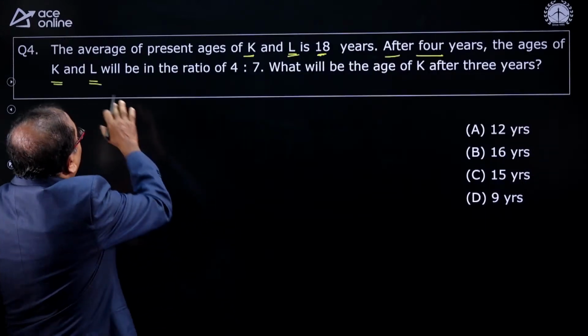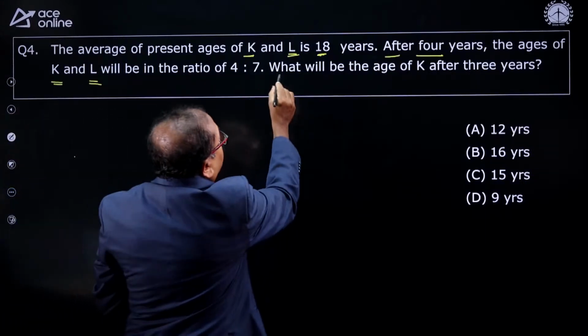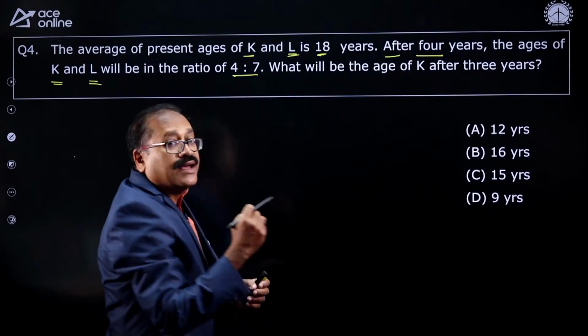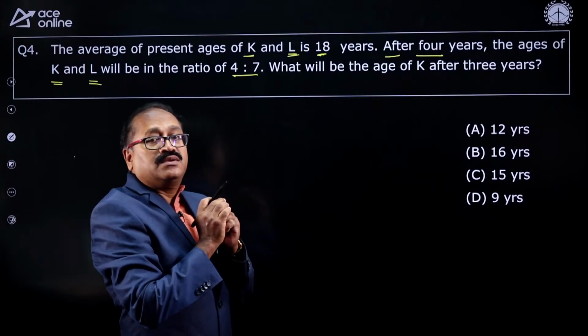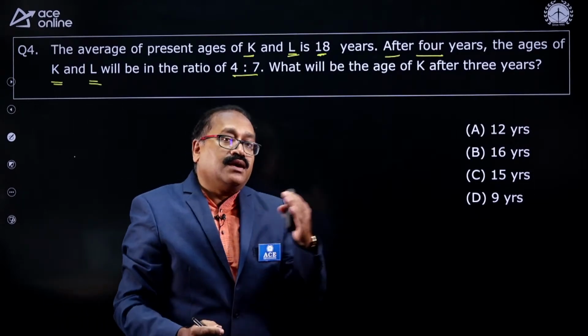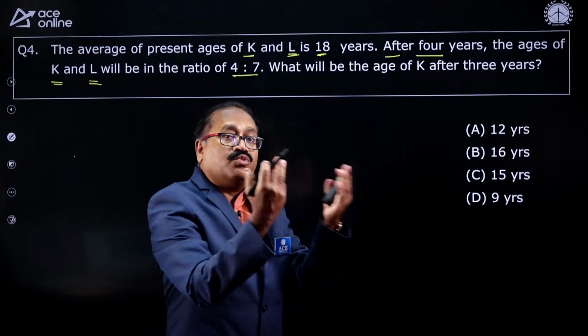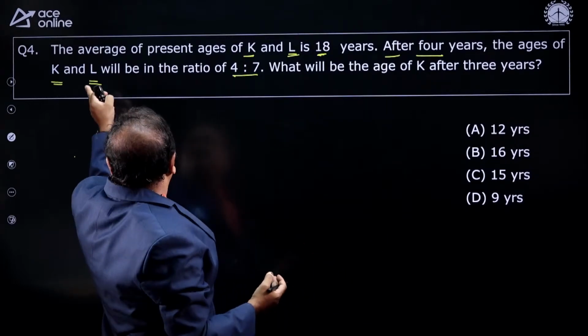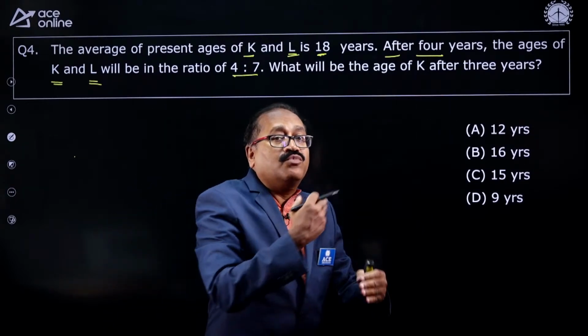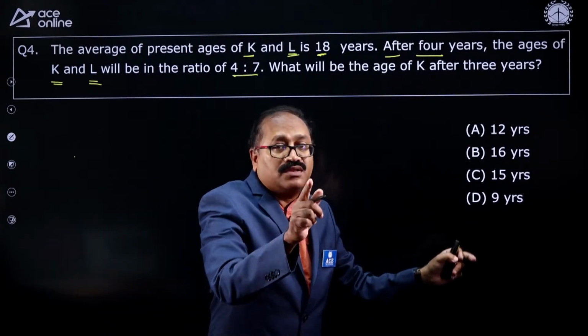Now here it says after 4 years their age ratio will be 4:7. What will be the age of K after 3 years? After 3 more years is different than after 3 years. After 3 more years means after 4 years and another 3 years. But it didn't say after 3 more years. It is only said after 3 years.